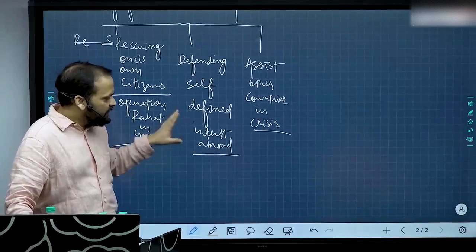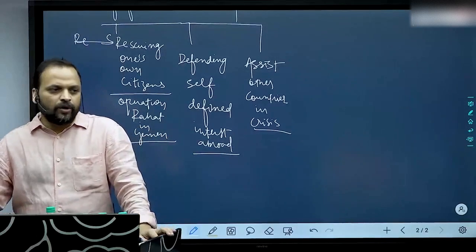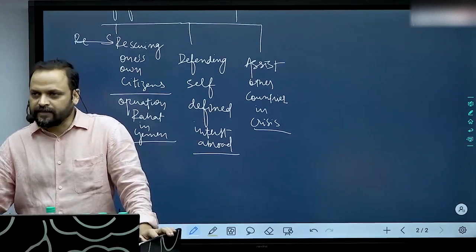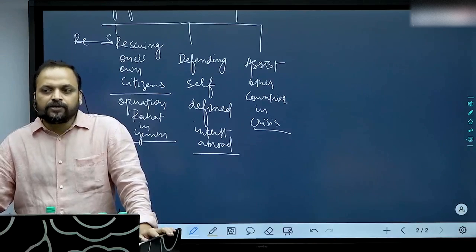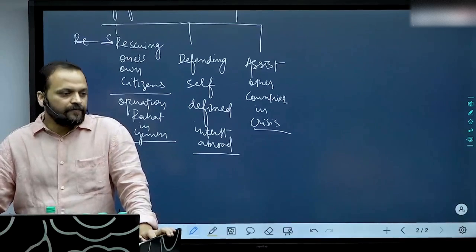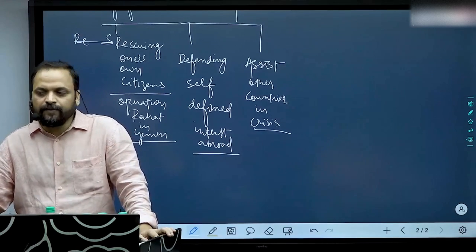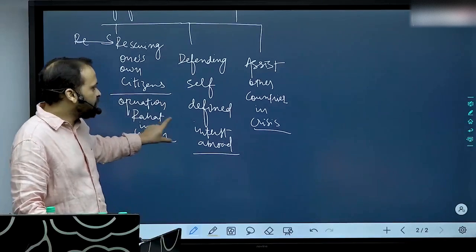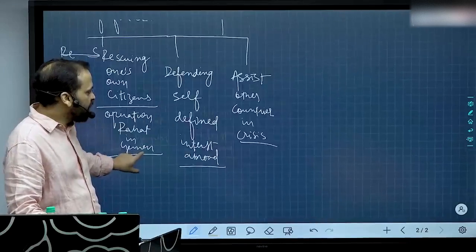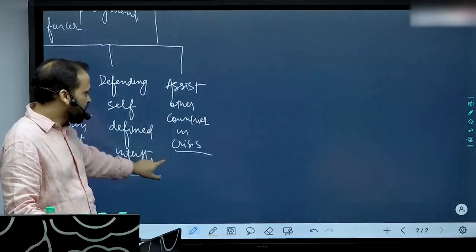IPKF can be a limited example of deploying Indian forces abroad to defend self-defined interests. What was our self-defined interest? Regional leadership, solving regional crisis which was affecting India. So that can be one limited example of deploying forces abroad for defending self-defined interests. All right?